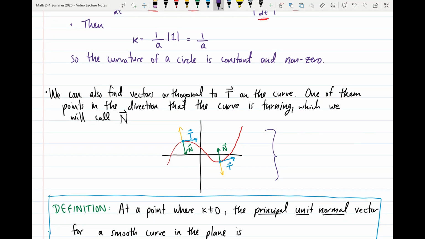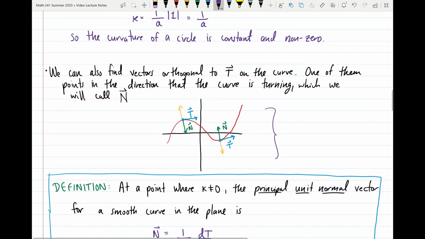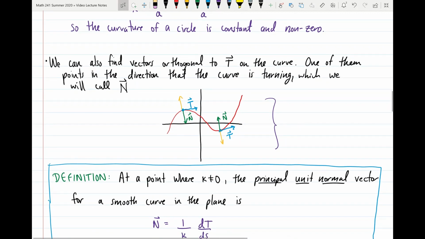Okay, so up until this point, we have been talking primarily about vectors that are tangent to the curve, but we can also talk about vectors that are orthogonal or perpendicular to the curve. We have a couple of different options for vectors that are orthogonal to the curve. So you can look in this diagram here, we have both the yellow and green vectors are orthogonal to the curve at these different points.